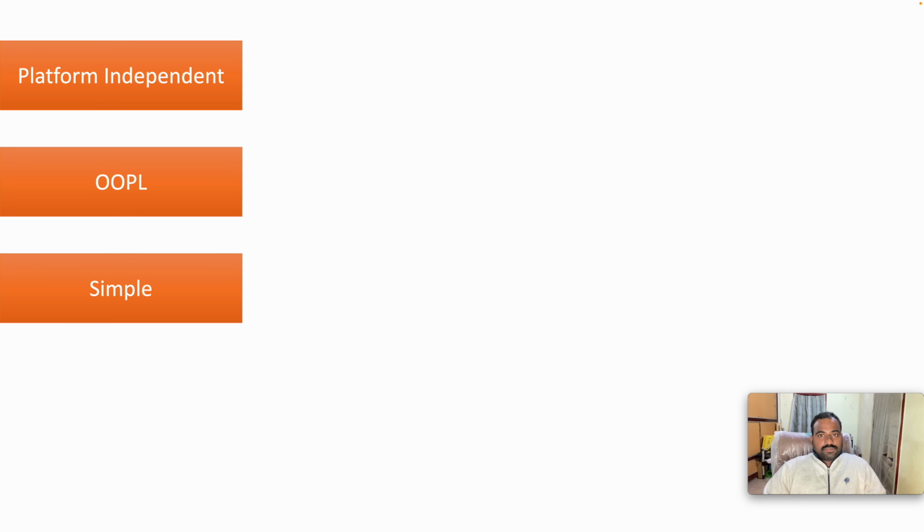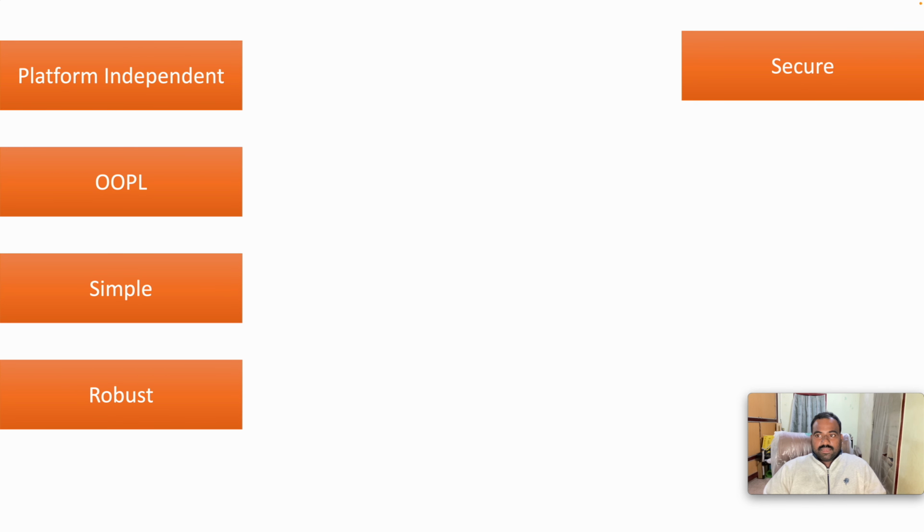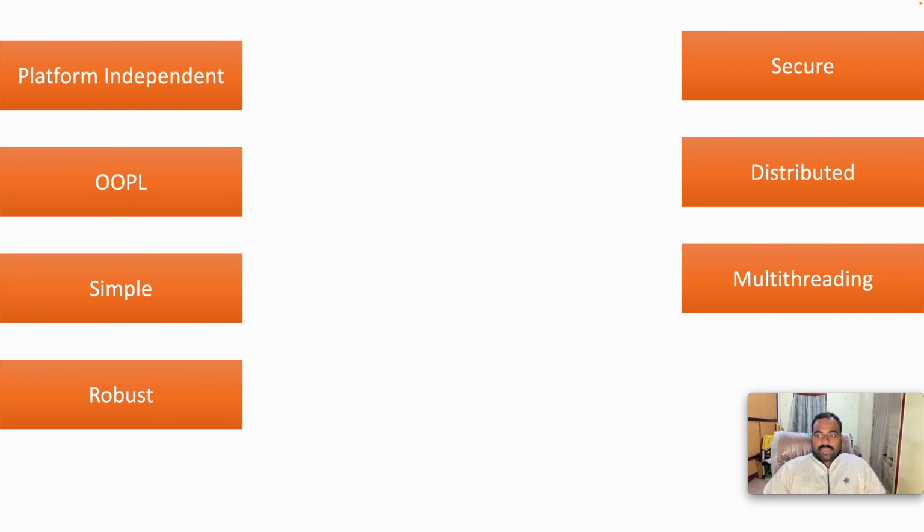And everyone knows that Java is a simple programming language and it is not too complex to understand, so it is easy for everyone to understand. It is robust and secure as well, and it is a distributed language system, and it is a multi-threaded programming language, where we can run our programs in multiple threads.